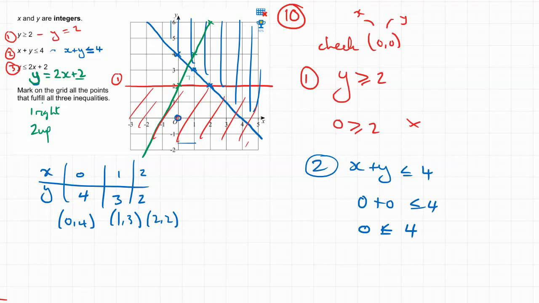And then let's check number 3. And this is y is less than or equal to 2x plus 2. So 0, 0 again, y is 0, x is 0. So we're checking is 0 less than 2 times 0, which is 0, plus 2 is 2. Should have put a cross by that. Oh no, should have put a tick by that, sorry.